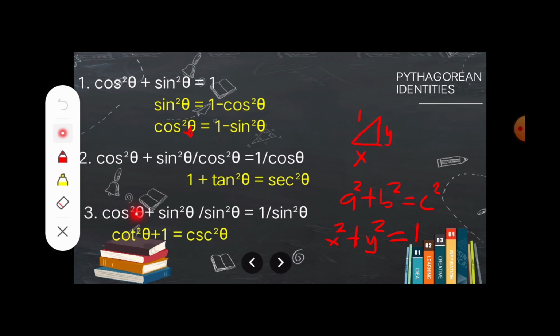So, cosine squared theta all over sine squared theta is equal to cotangent squared theta, plus sine squared theta all over sine squared theta is equal to 1. So the 1 over sine squared theta, from the reciprocal, is cosecant squared theta.